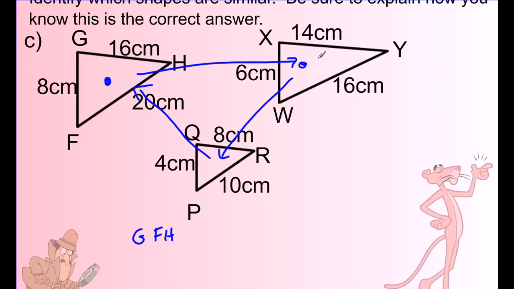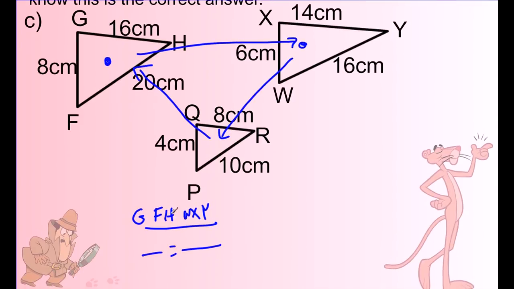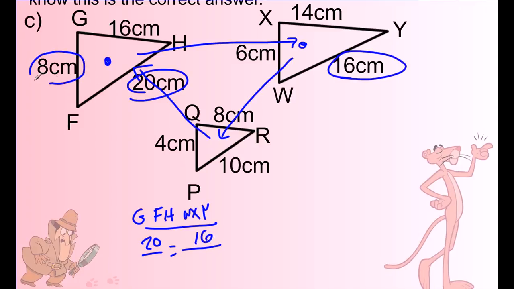So GFH and WXY. Again, you can pick any two random sides from the first triangle. So I'm going to pick 20 from here and 16 from here. And then 8 corresponds to 6.